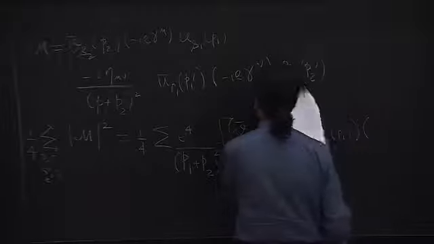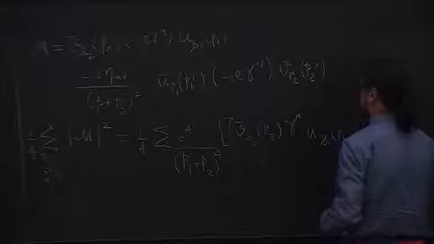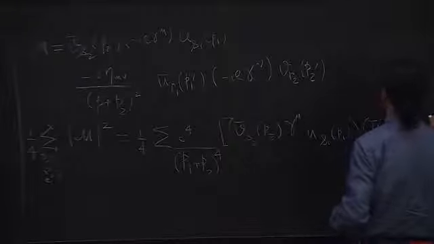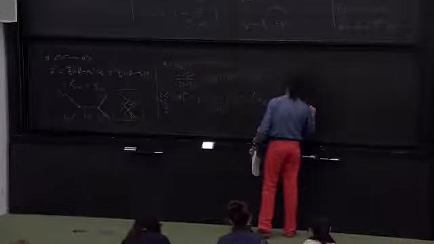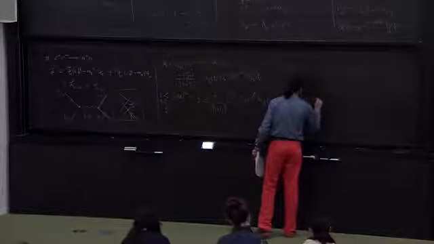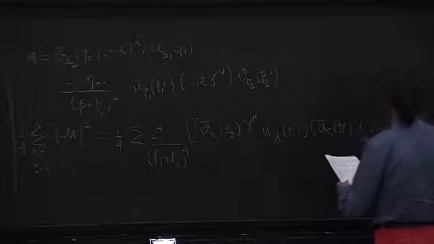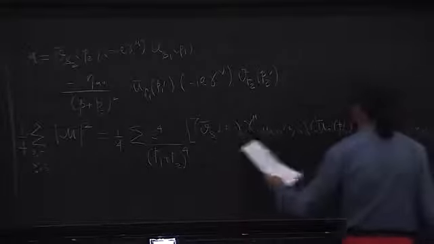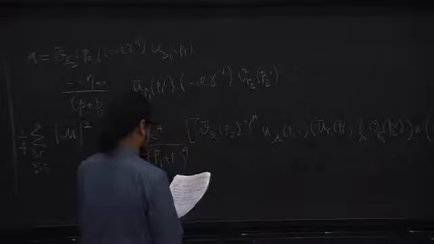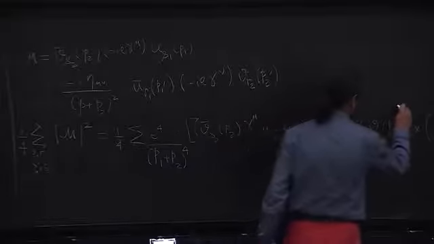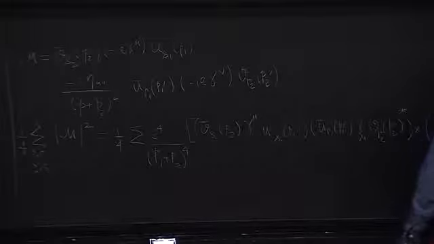And then we have another scalar quantity, U bar R1 P1 prime gamma mu V of R2 P2 prime. Now we have to multiply it with the complex conjugate of this, and it's the same thing over here.